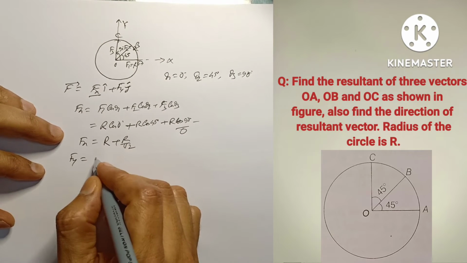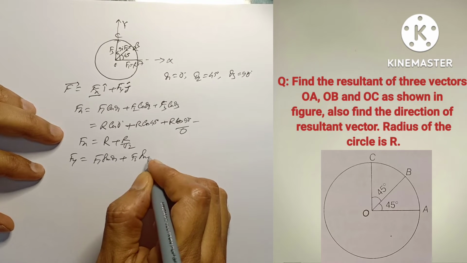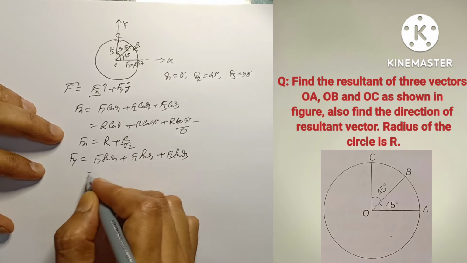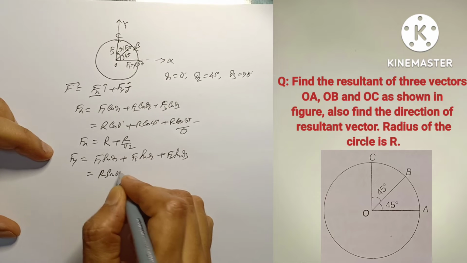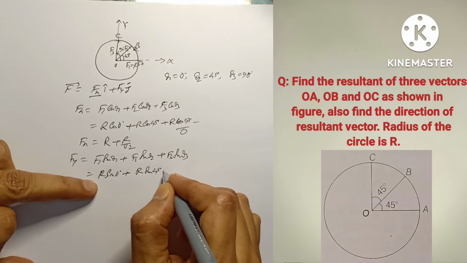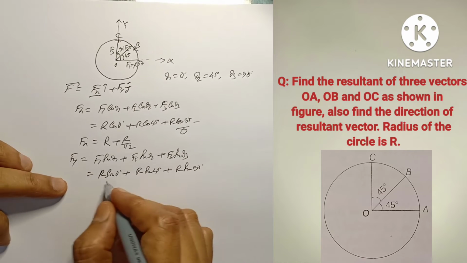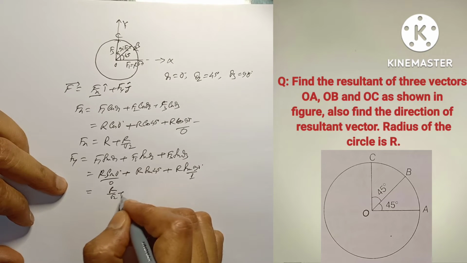Similarly, fy equal to f1 sin theta 1 plus f2 sin theta 2 plus f3 sin theta 3. So you can write r sin 0 degree and r sin 45 degree plus r sin 90 degree. So this is 0 and this is 1. So we get r divided by root 2 plus r.